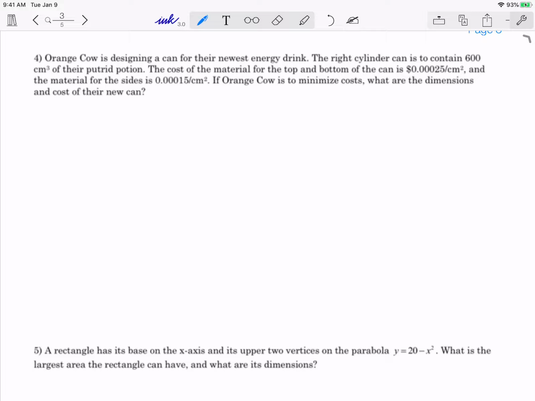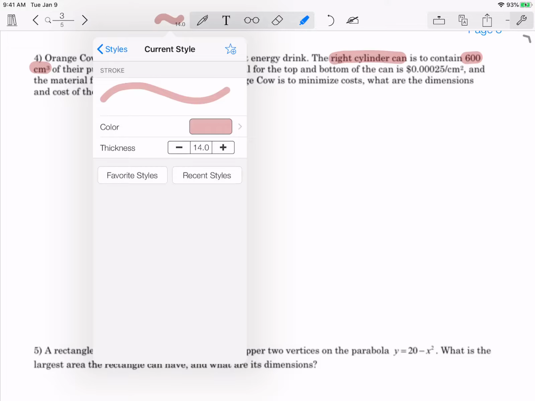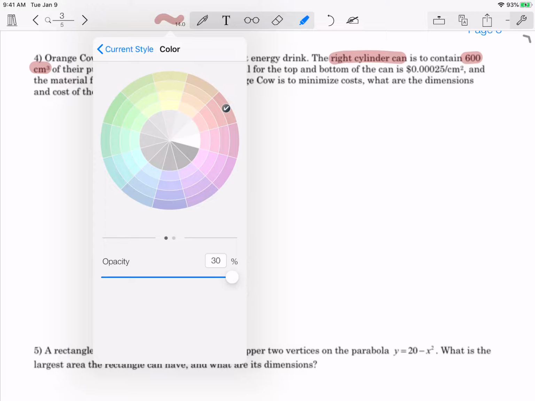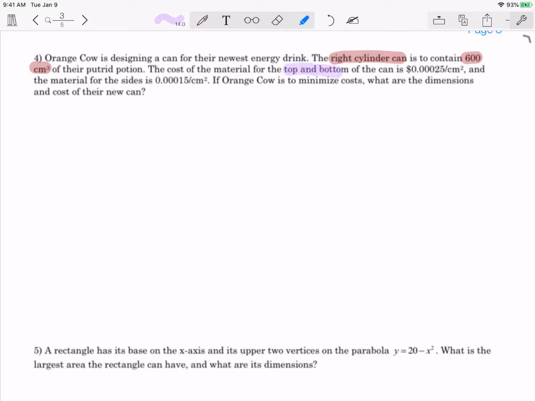So Orange Cow is designing a can for their newest energy drink. The right cylinder can, I'm going to highlight that, right cylinder can, is to contain 600 centimeters cubed of their putrid potion. The cost of the material for the top and bottom of the can is this small number, dollars per centimeter squared.